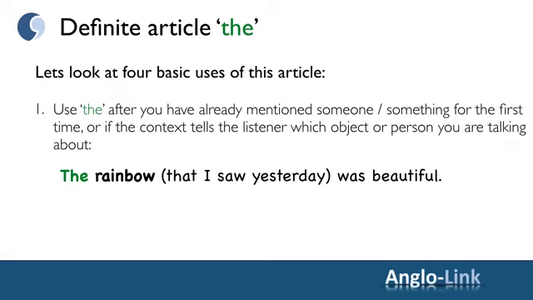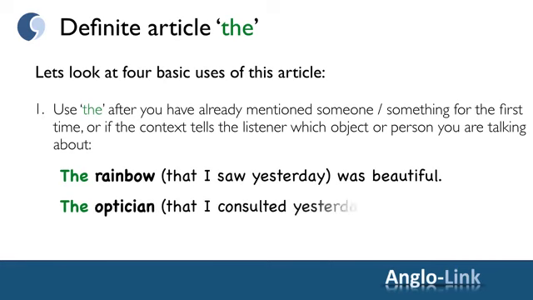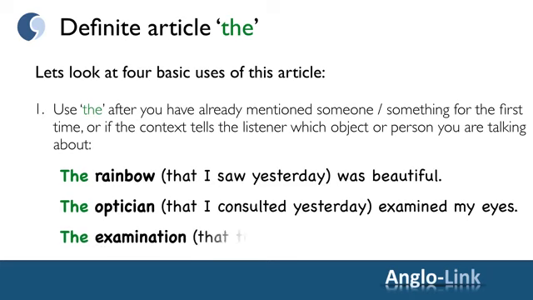You're talking about the rainbow that you saw yesterday. The optician examined my eyes. You're talking about the optician that you consulted yesterday. The examination was very long. You're referring to the examination that the optician did.